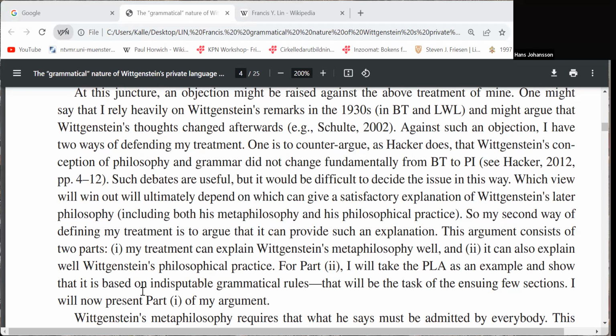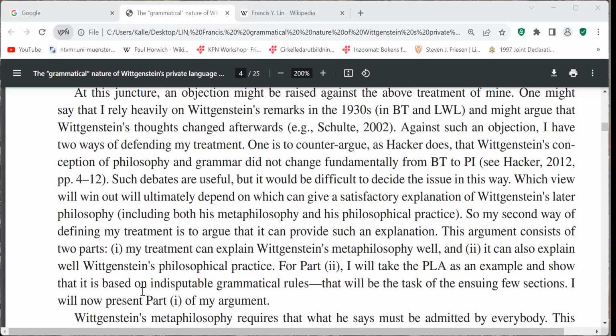One is to counter-argue, as Hacker does, that Wittgenstein's conception of philosophy and grammar did not change fundamentally from BT to PI. Such debates are useful, but it would be difficult to decide the issue in this way.